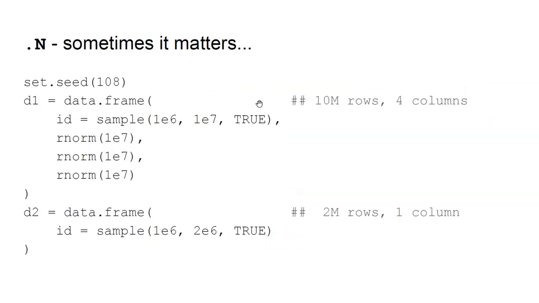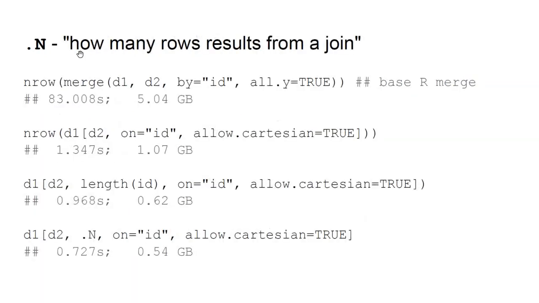So let's go to some other examples. We have the .N symbol, and now there will be an example of why it's useful, because there are cases where it really makes sense. We have one data table that has 10 million rows and 4 columns, another with 2 million rows and 1 column, and some different ways to calculate how many rows the merge will produce.